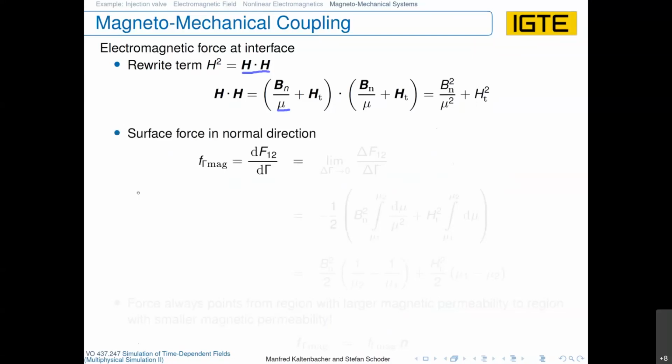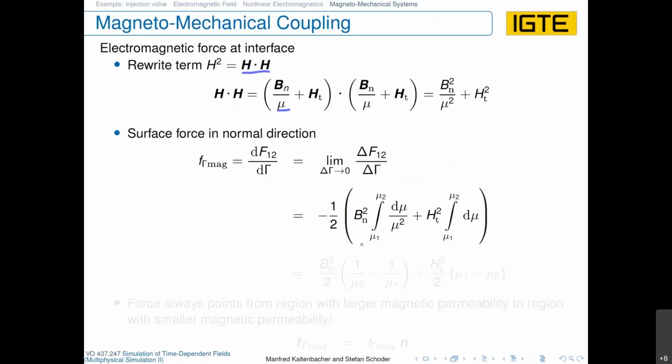So we already go here for delta gamma going to 0. So it is the derivative of the force with respect to gamma, and we come up to the force density in Newton per square meter when we let this delta gamma go to 0. And in our case, it is then the following. We have already derived it before, that we have now to integrate over the permeability.